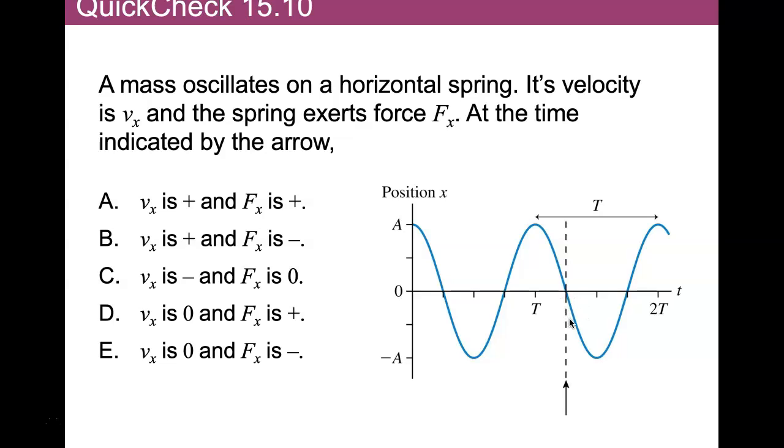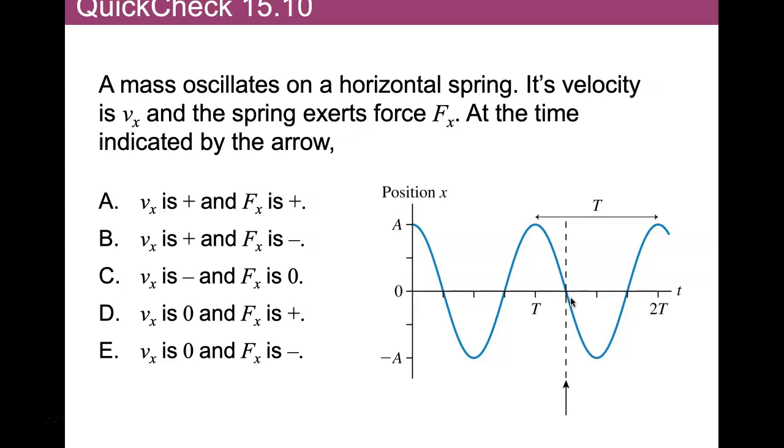A little bit later, it's going to be at a negative x, so it has moved to the left, so the velocity is negative. You can think about the slope of the tangent to this curve at that point, which is negative.